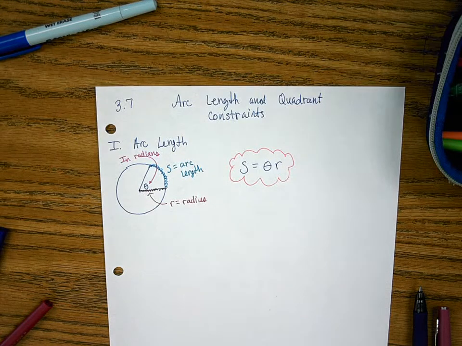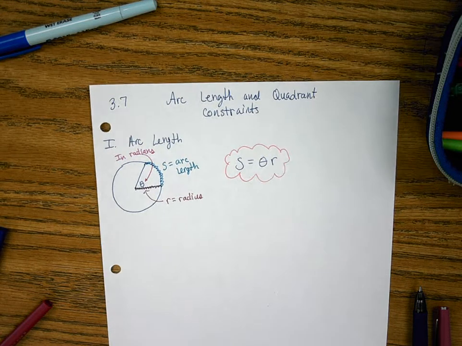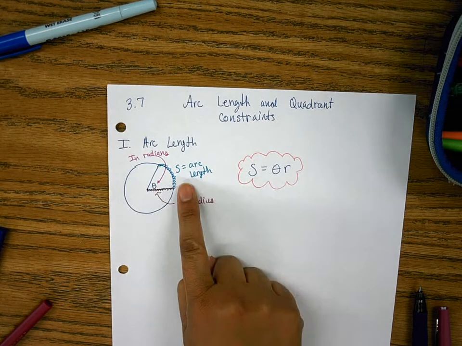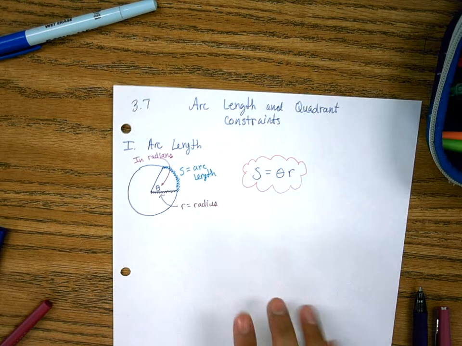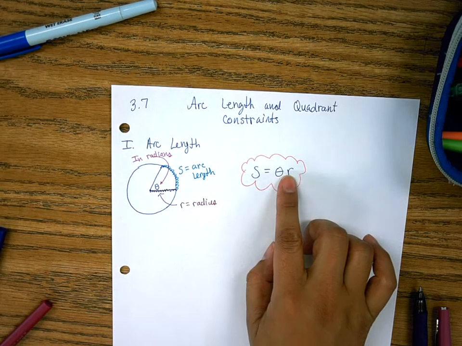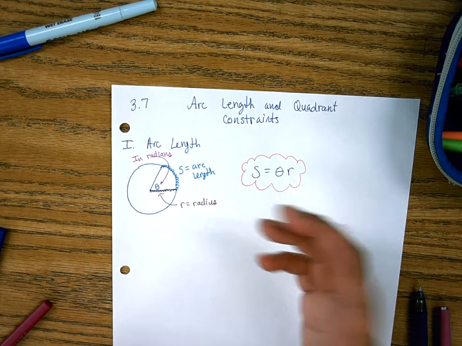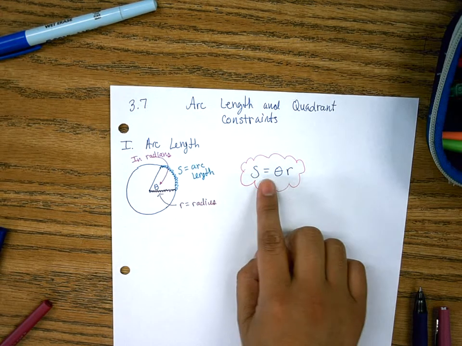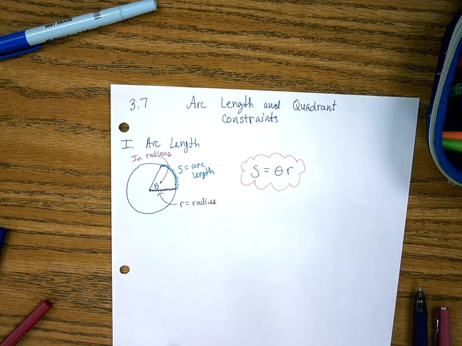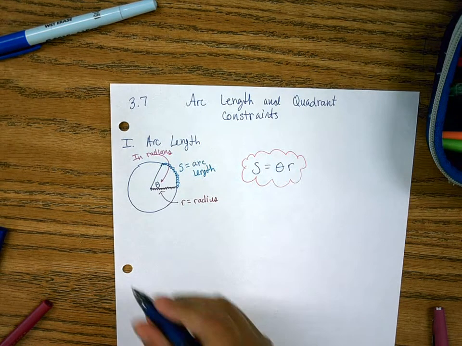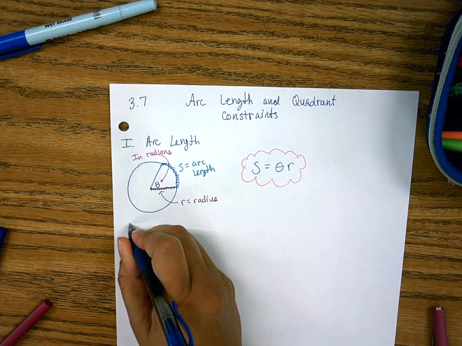So S is arc length, theta is an angle and always in radians, and r is the radius. An easy way to remember this formula is we soar like an eagle. If you can remember that, you'll have the formula memorized come test day.